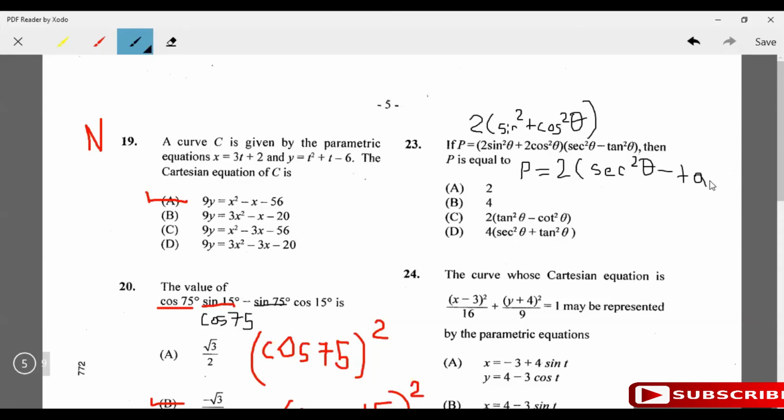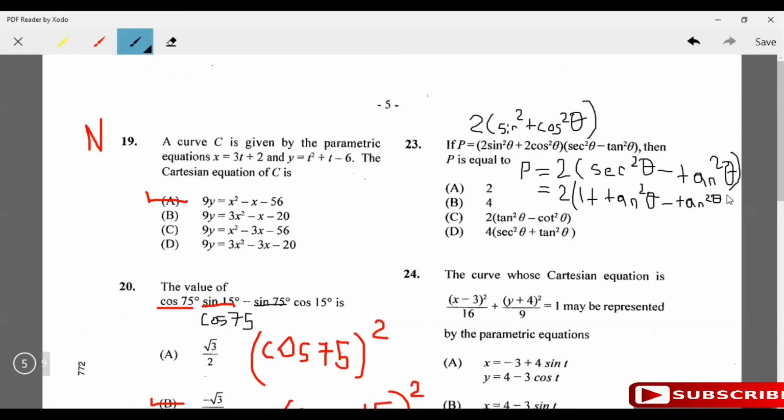But then what is sec square theta? Sec square theta is 1 plus tan square theta. That's an identity. We should know that sec square is 1 plus tan square. So this works out to be 1 plus tan square minus tan square.